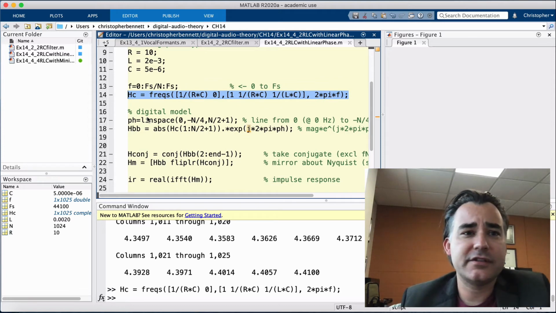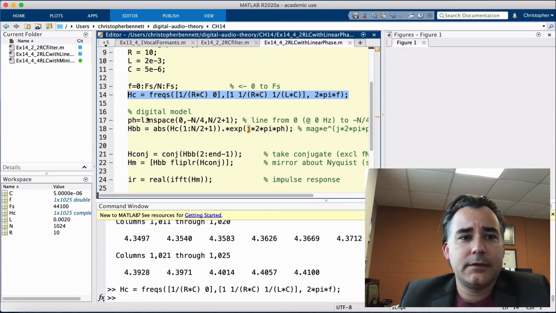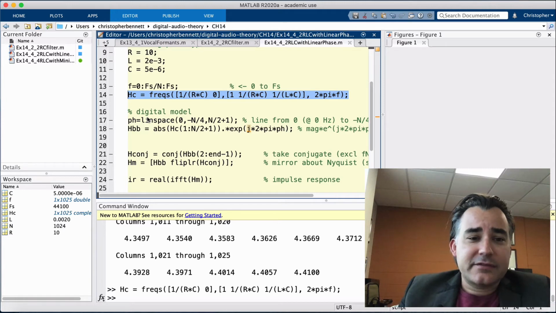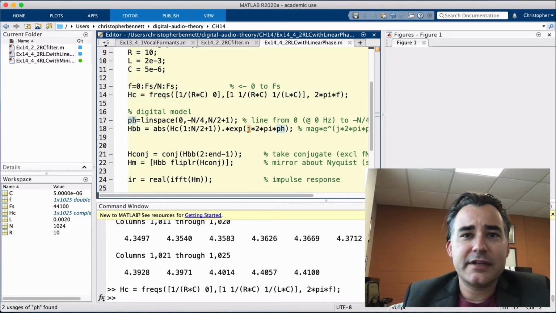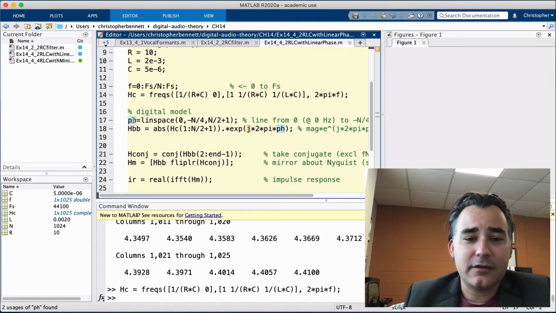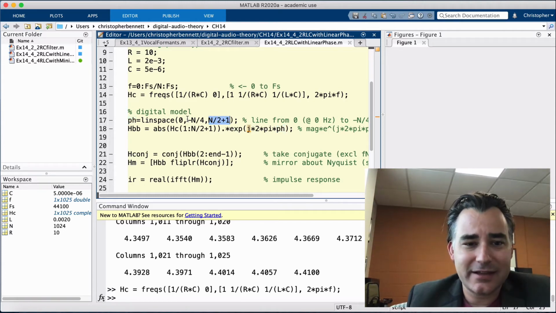Now we're going to construct the digital model. The linear phase we'll construct first. Okay, so the slope is negative N over 2, and then right at Fn, which is at N over 2 plus 1, our Nyquist, the phase is going to be exactly minus N over 4, as I previously mentioned.